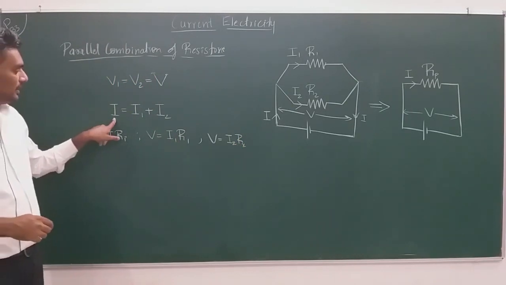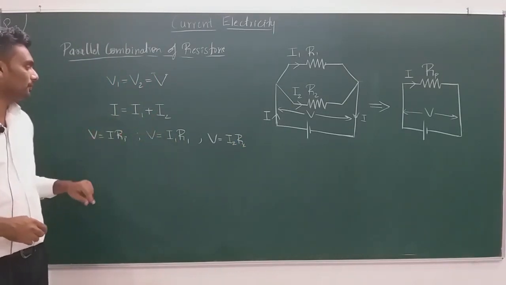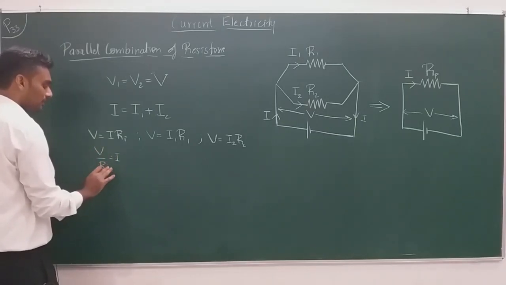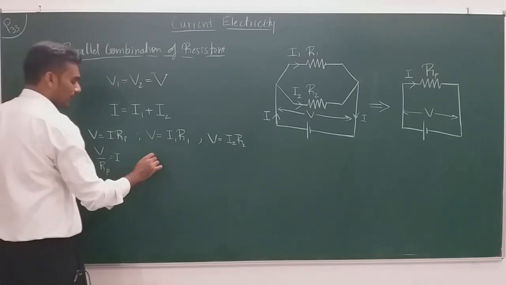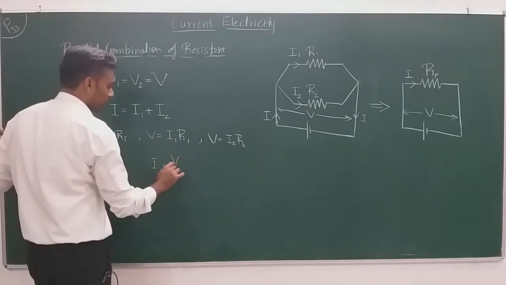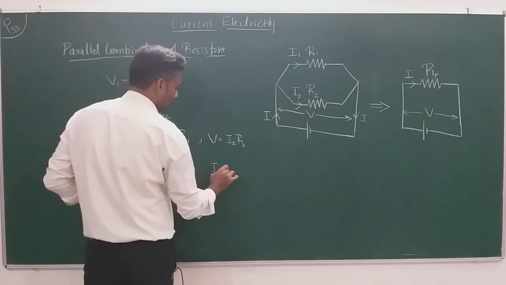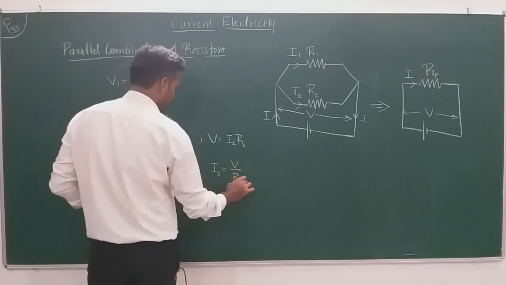Now we have I is equal to I1 plus I2, and hence I becomes equal to V by Rp, I1 becomes equal to V by R1, I2 becomes equal to V by R2.